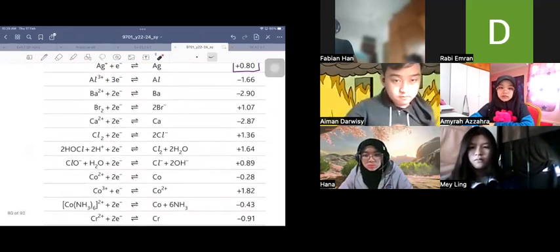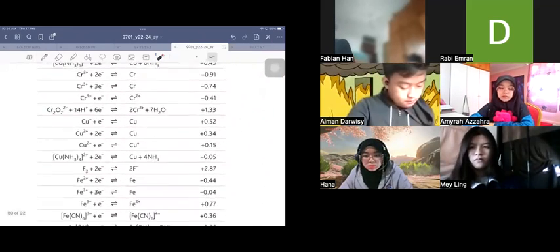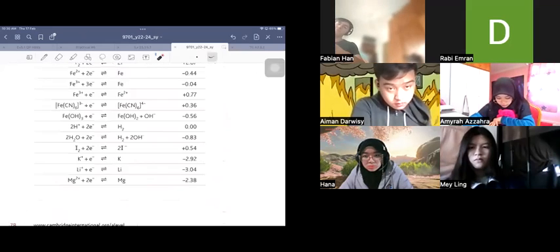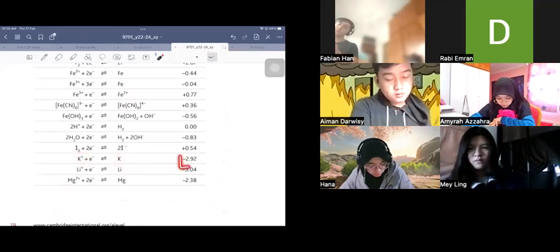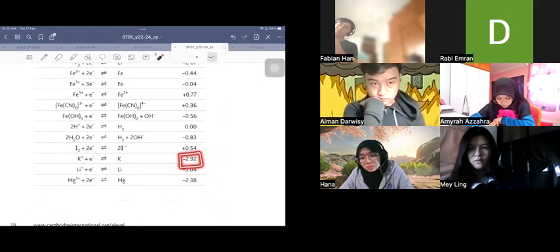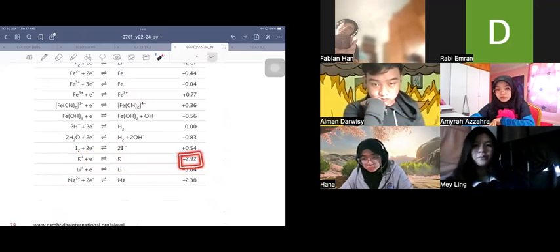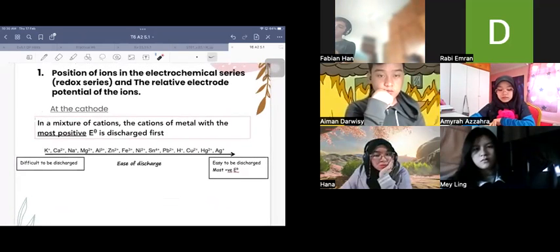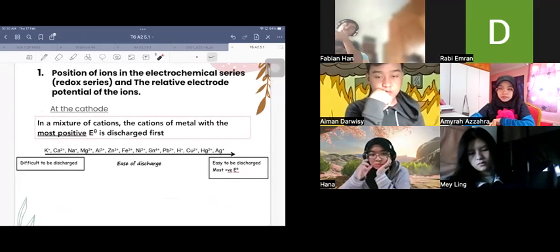Whereas for potassium, they are arranged alphabetically, so you go to K plus to K, which is negative 2.92. So potassium ion has a very high negative number, which means that it doesn't like to be reduced, but likes to be oxidized. But of course, your cations will only go to the cathode, where reduction happens. Only reduction happens at the cathode.